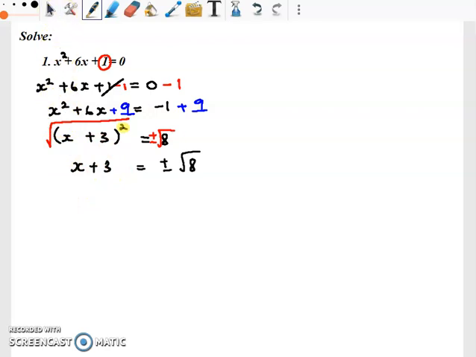If we minus 3 from this side and minus 3 from this side as well, then these 3's will cancel, and we're now left with x on this side. So x equals, and I'm going to put my negative 3 at the front, x equals minus 3 plus or minus square root of 8.